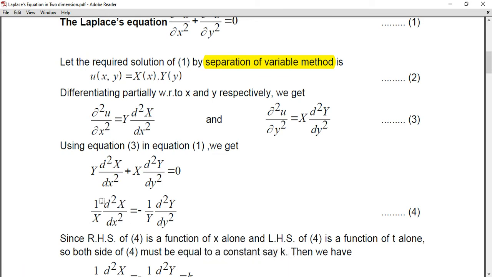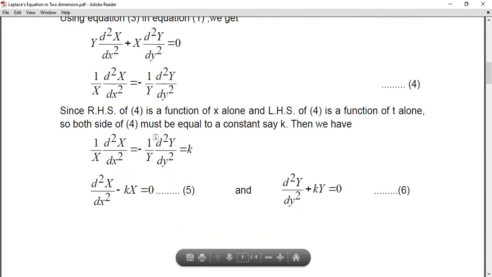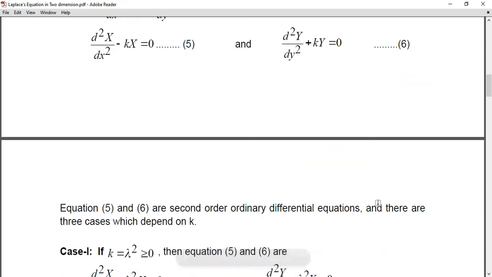So when we find this type of equation, we equate it to a constant. Suppose here we put the constant k. Now (1/X) d²X/dx² = k. Similarly, (1/Y) d²Y/dy² = −k. When we solve this, we find equations 5 and 6.